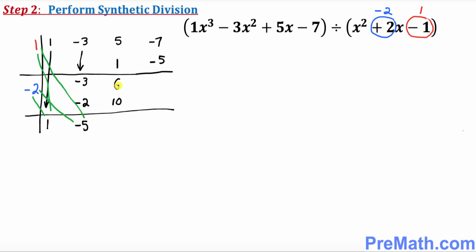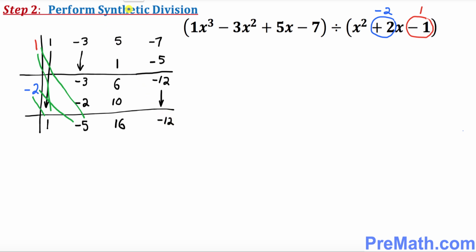So now I want you to add these ones. 6 and 10 makes 16 right up here, and -7 and -5 gives us -12. Bring this -12 down over here.